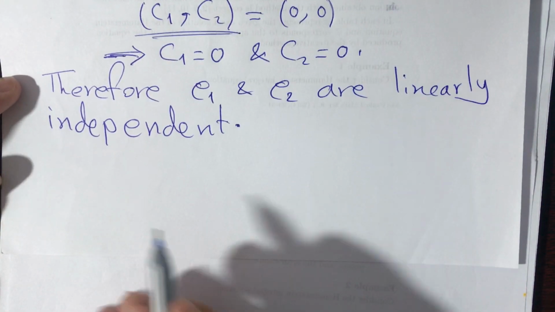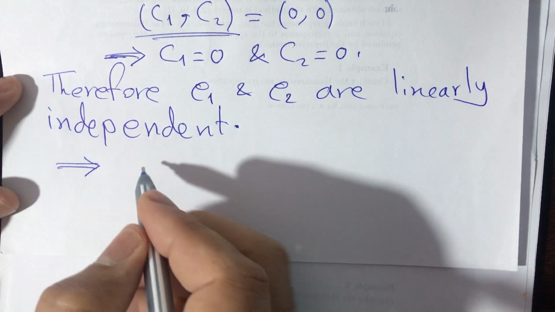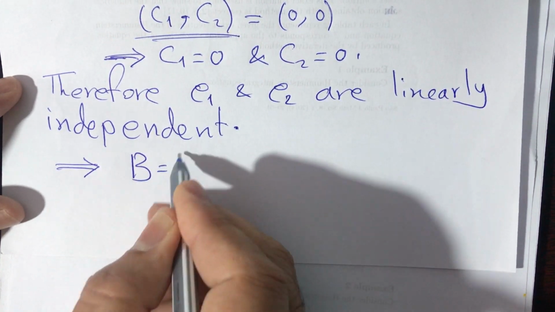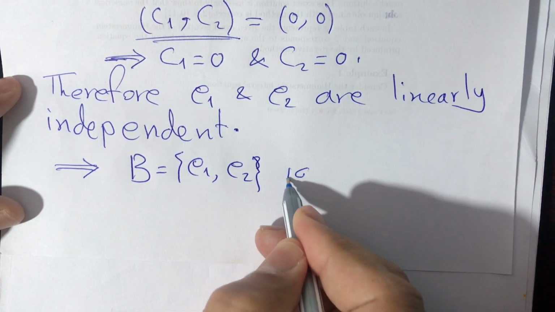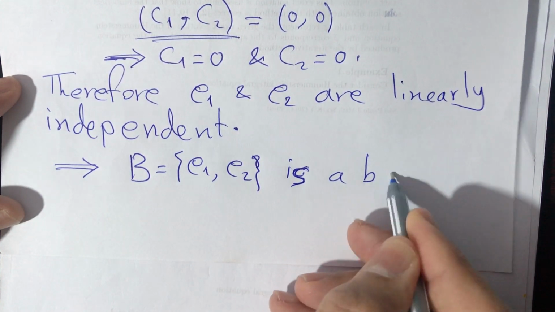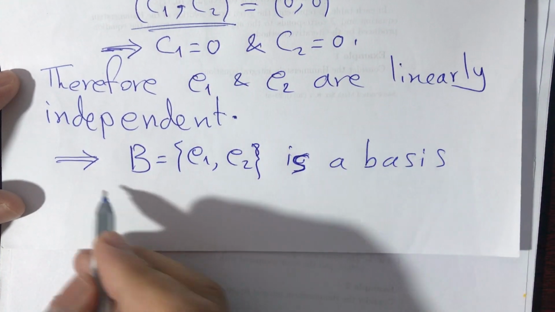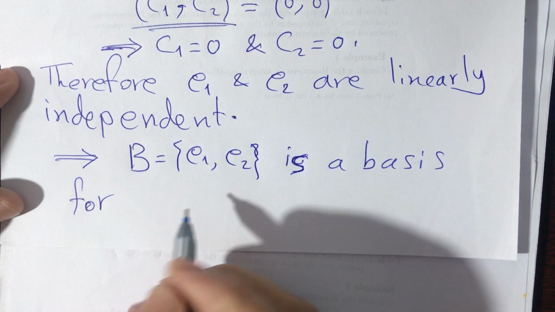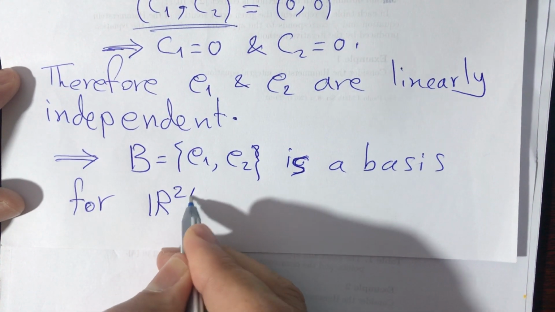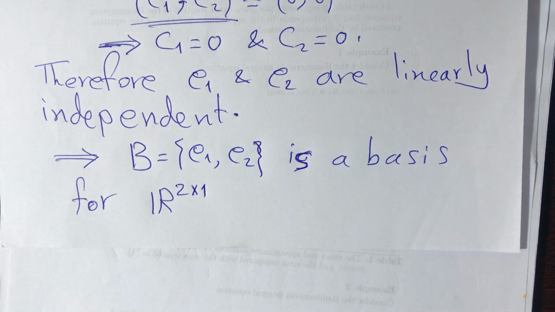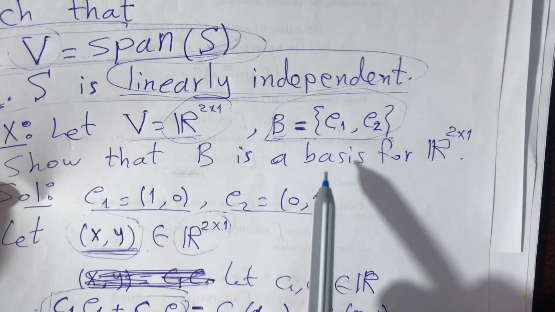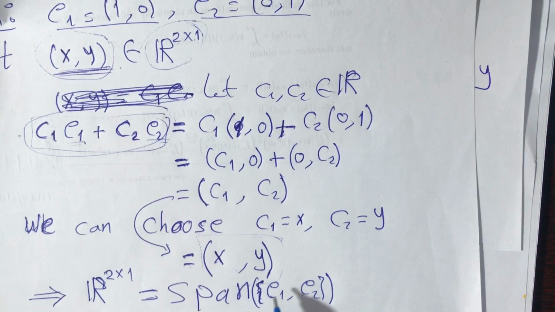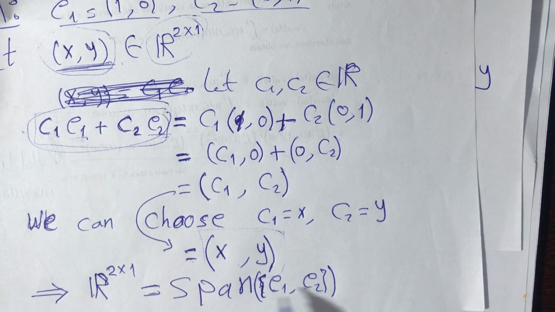And this implies B, equal to E1 and E2, is a basis for R2 times 1. Look, here we satisfy two conditions. The first condition: our set B, E1, E2, spans R2, so span of E1, E2 equals R2.